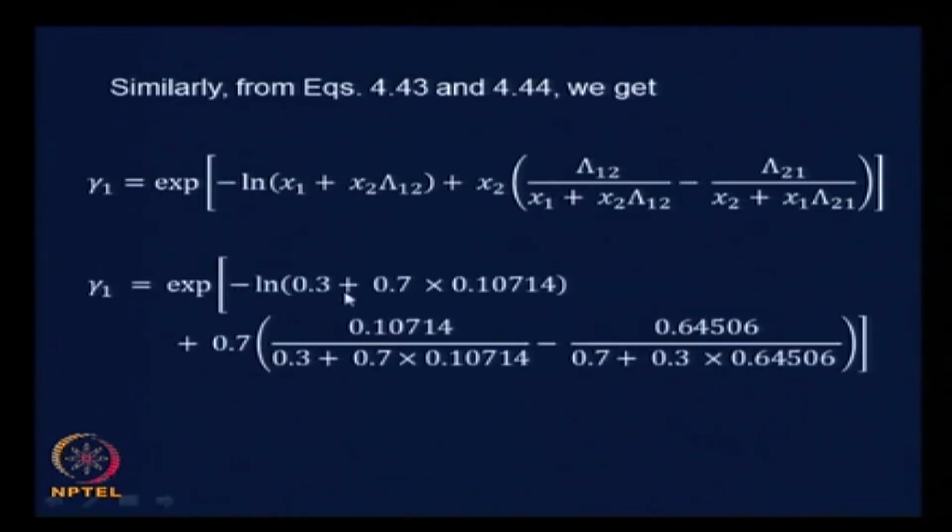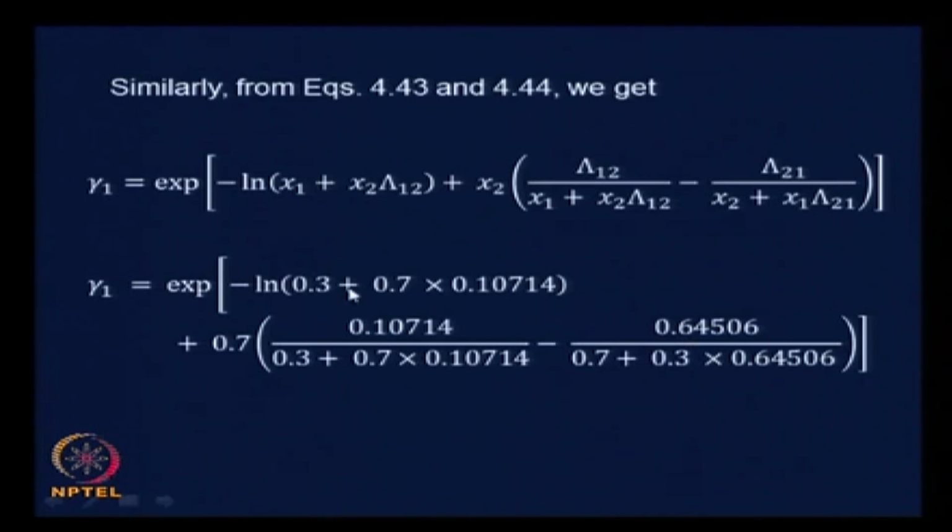And substituting the values, in this case 0.3 and 0.7 remain the same as mole fractions of x1 and x2, isopropanol and water respectively, whereas gamma 12 is 0.10714 and gamma 21 is 0.64506. That is what was given in the problem statement itself.